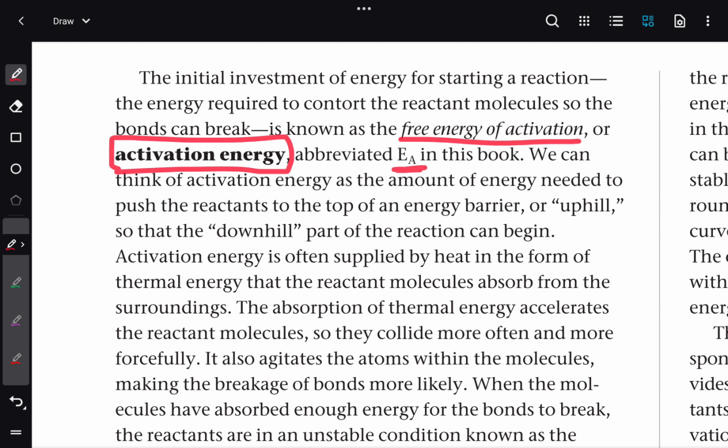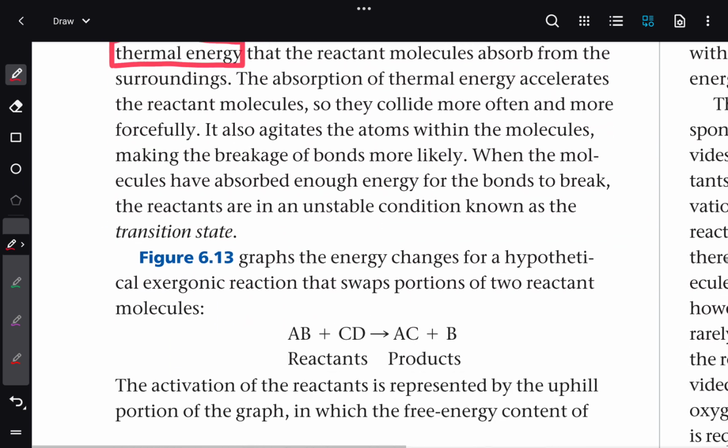We can think of activation energy as the amount of energy needed to push the reactant to the top of an energy barrier so that the downhill part of the reaction can begin. Activation energy is often supplied by heat in the form of thermal energy that the reactant molecules absorb from the surroundings.